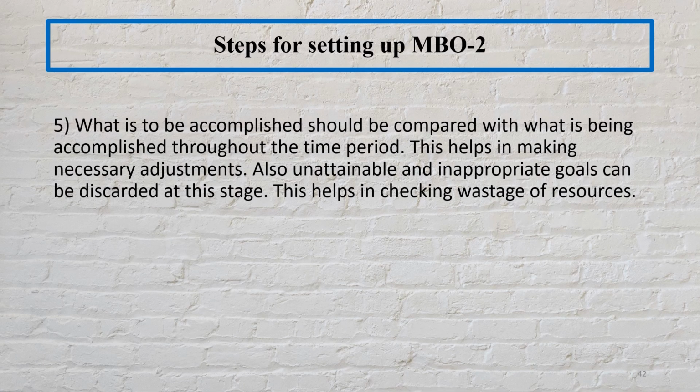What is to be accomplished should be compared with what is being accomplished throughout the time period. This helps in making necessary adjustments. Also, unattainable and inappropriate goals can be discarded at this stage. This helps in checking wastage of resources.